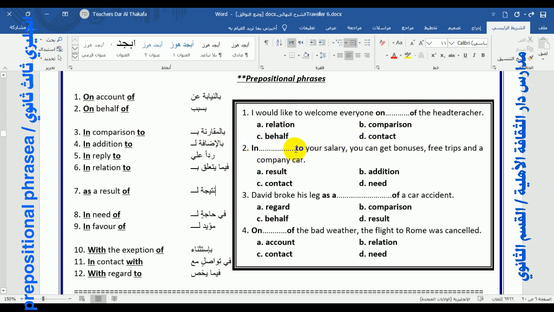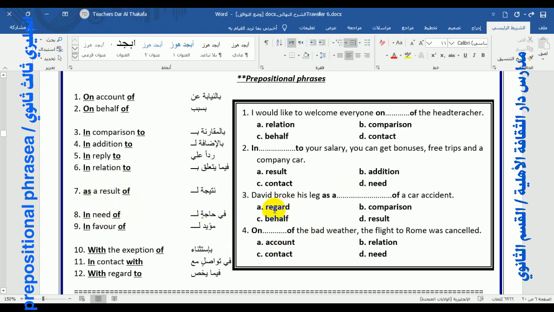Number 2: in addition to your salary بالإضافة للراتب you can get bonuses, free trips and a company car. In result, in addition, in contact, or in need. Yes, what's your answer? David broke his leg, كسرت رجله, as a, so there is as a with only just one prepositional phrase.